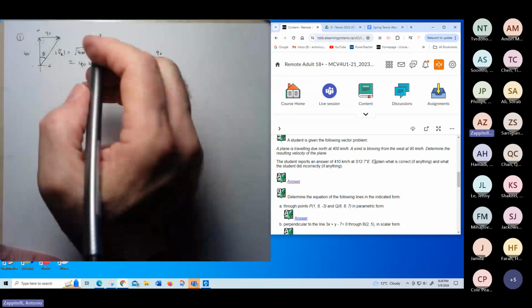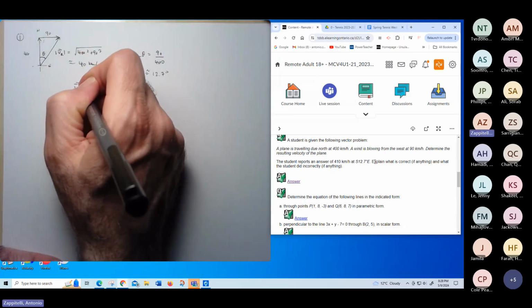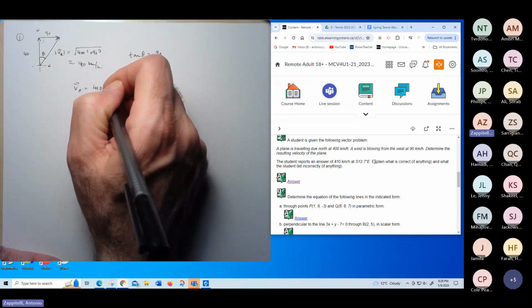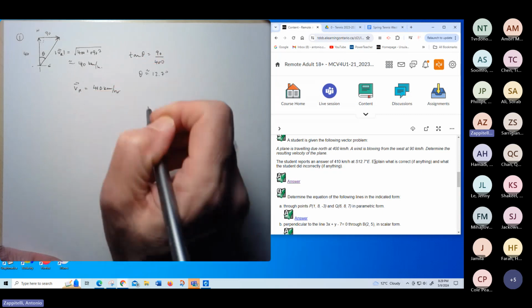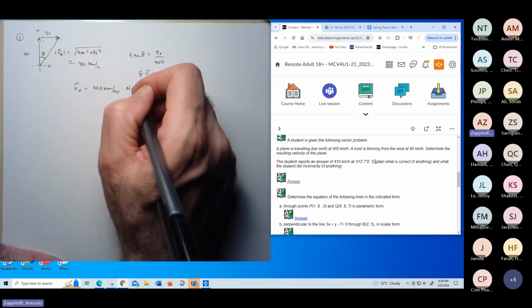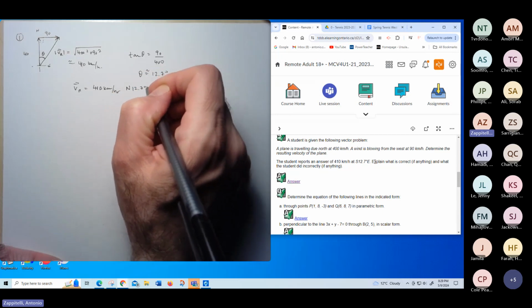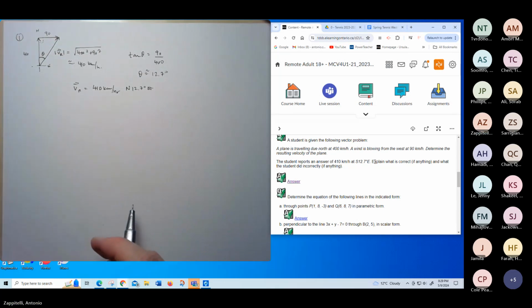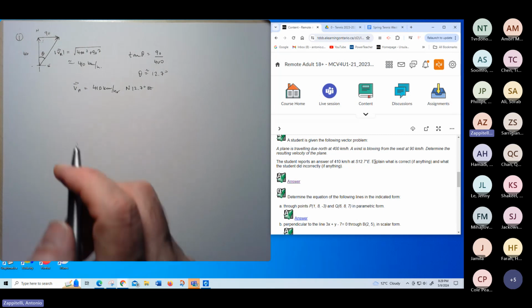So now we can give our answer. Our resultant velocity is our magnitude, 410 kilometers per hour. And then here we're going north 12.7 degrees eastward. So here, 410 south, 12.7 degrees east.